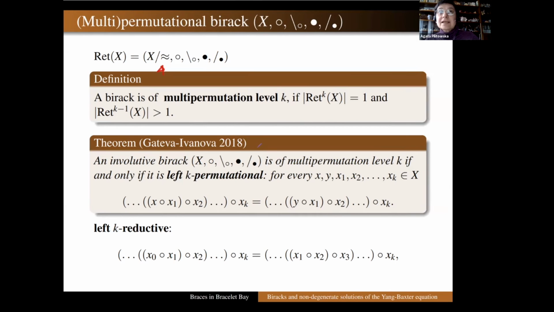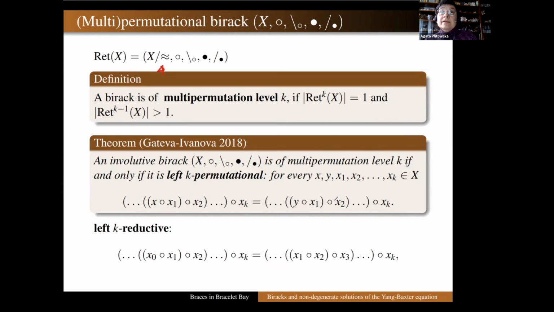When we translate her result, formulating it for the corresponding Biracks, it is true that an involutive Birack is of multi-permutational level k if and only if it is so-called left k-permutational.